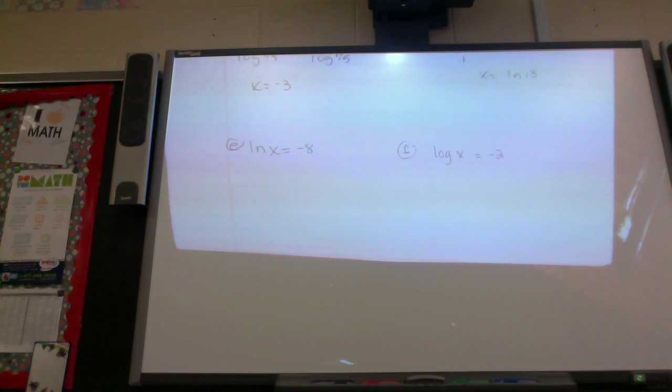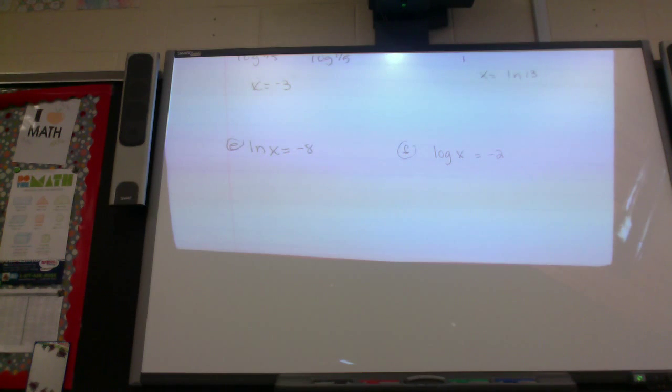Remember our definition: log base a of b equals c. How do I write that without the logs? b equals a to the c power.